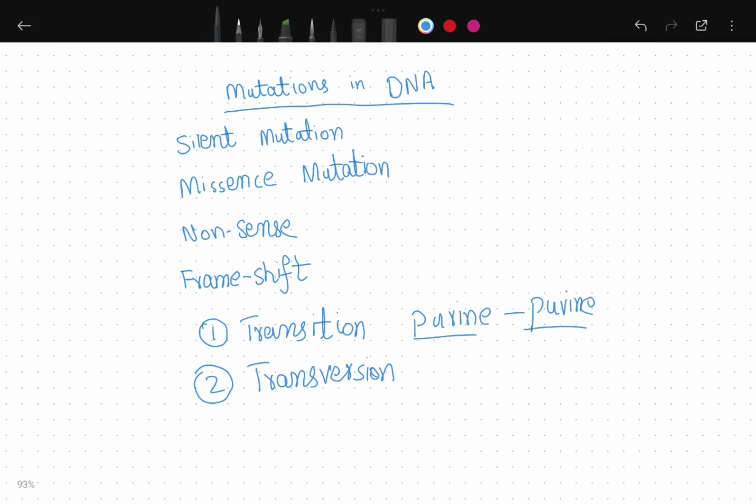And in transversion, purine to pyrimidine and pyrimidine to purine can be changed.